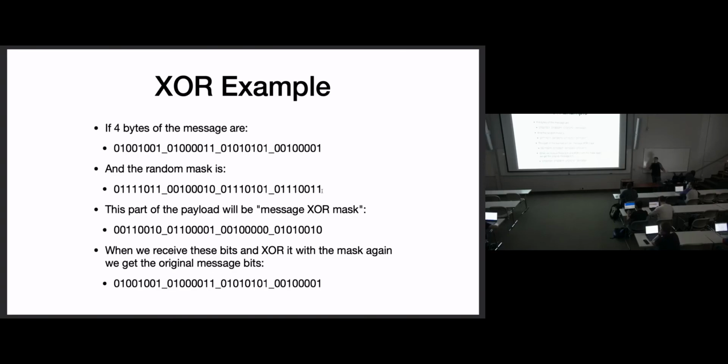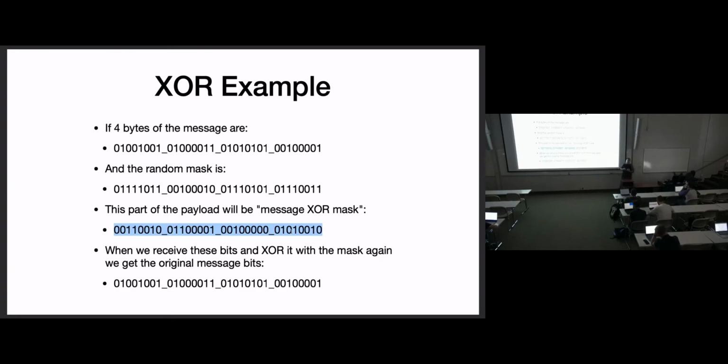It's just going to be random 1s and 0s. So we're going to XOR this message with the mask, bitwise XOR, and we get this. This is those 4 bytes of payload XORed with the mask.